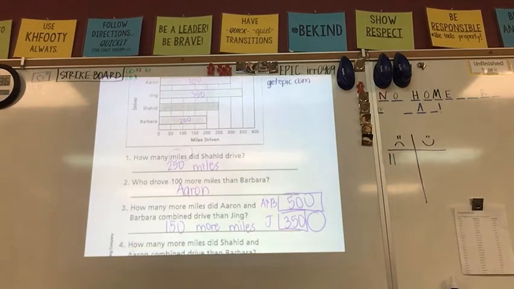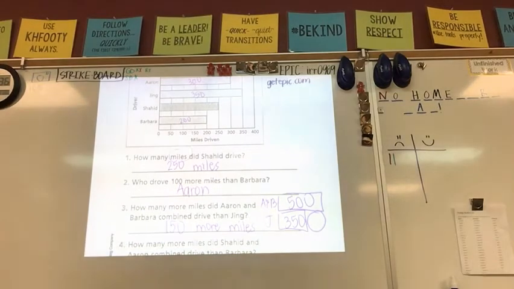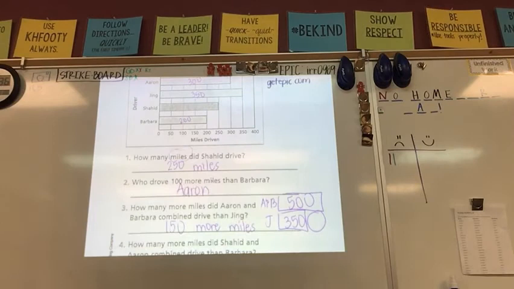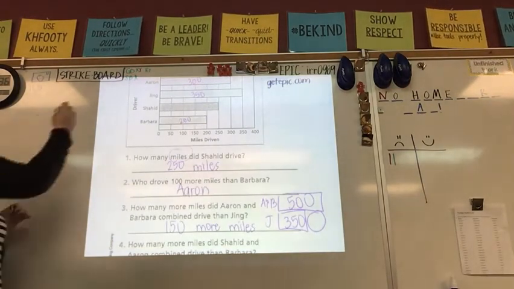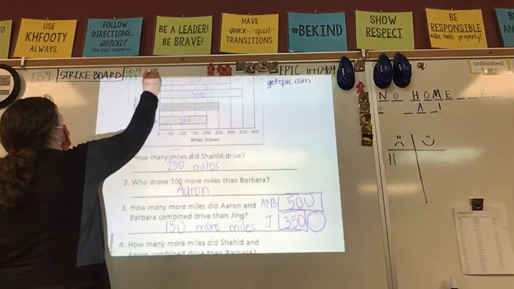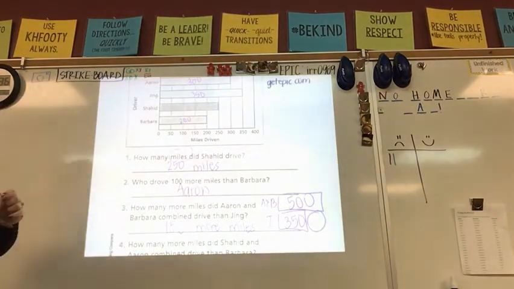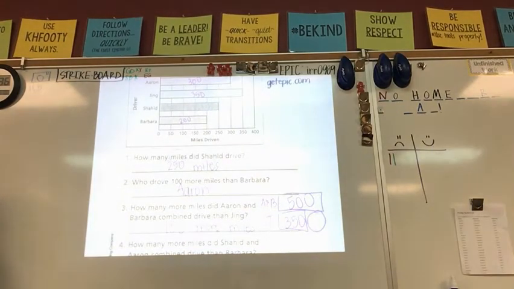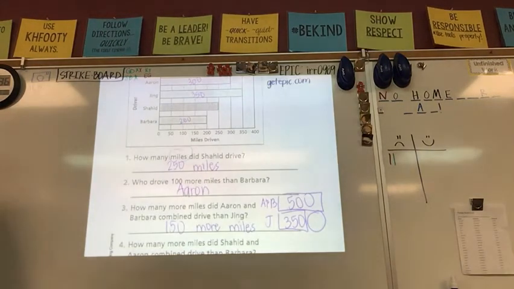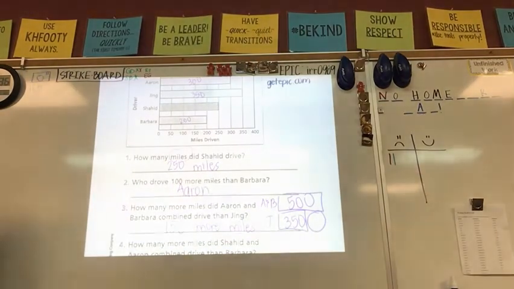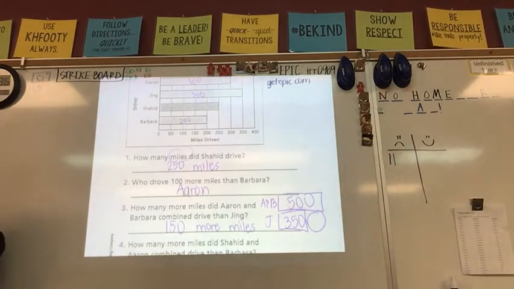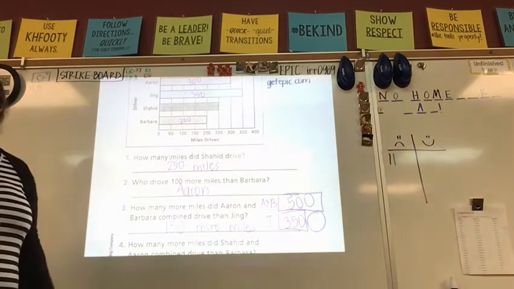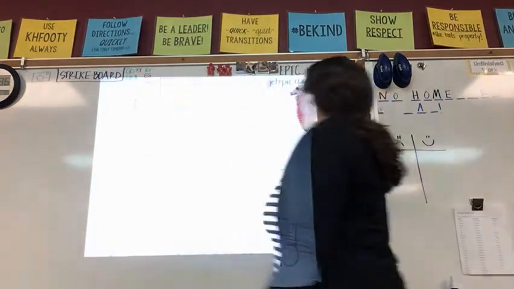You do not need a sticky note for that. Let's see. How many more did Shahid and Aaron combined drive than Barbara? What do you think, Maddie? How many did Shahid and Aaron drive together?